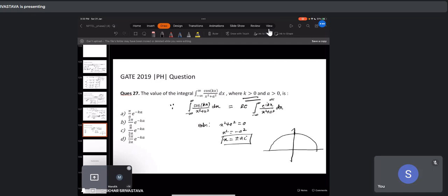In general, a contour integral over C can be split into two parts: first the integral along the real axis, and second the integral along this semicircular curve.